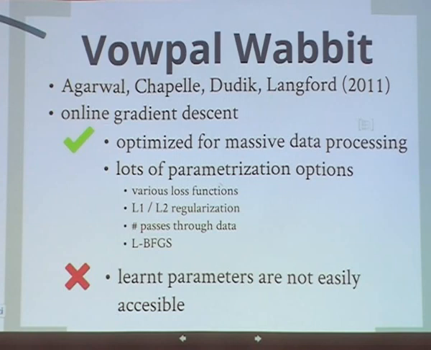Since it is an online algorithm, you sometimes have to pass over the data several times to get a better model. So you can parameterize the number of passes through the data, and you can also use the batch algorithm LBFGS.